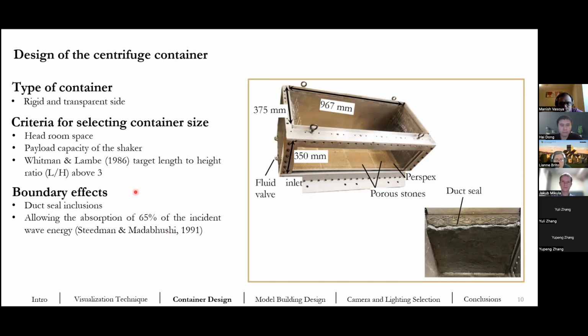One way to address that is by using duct seal inclusions on the side walls, which has been published to help absorb 65% of the incident wave's energy.